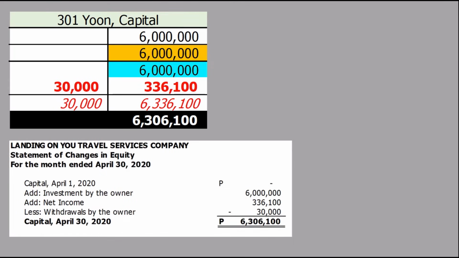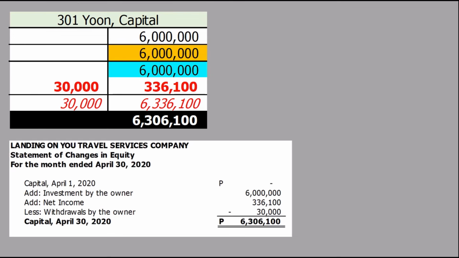So that is your T account for the capital. As you can see, the 6 million there is the initial investment by the owner, and then 336,100 is your net income, and then the withdrawals by the owner is 30,000. Okay, so the ending balance of your capital is 6,306,100, which is equal to what we reported in the statement of changes in equity in the financial statements, which is also 6,306,100.